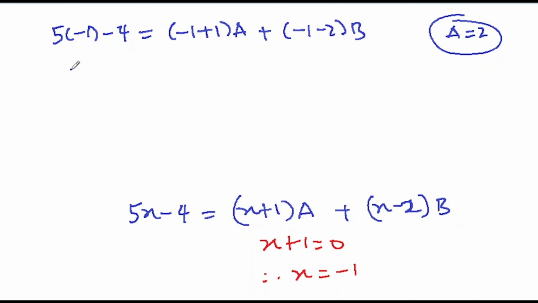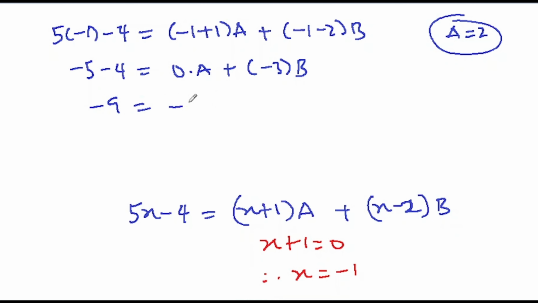So 5 times negative 1, that's negative 5, negative 4. Negative 1 plus 1, that's 0 times a. Then we have negative 1, negative 2, that's negative 3. We have b. So this is negative 9, 0 times a, that's 0.